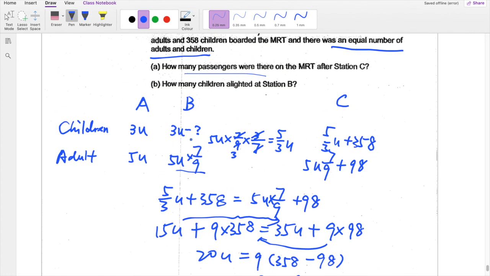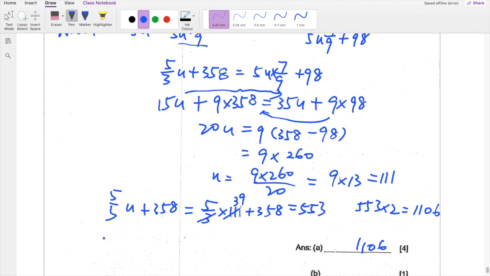Then here we see that for how many children alighted at station B, means we need to calculate this here. So for children from the 3U to 35U, right? So 3U becomes 35U, equal to U equal to 3/5 times 111, right, equal to 4 times 39.